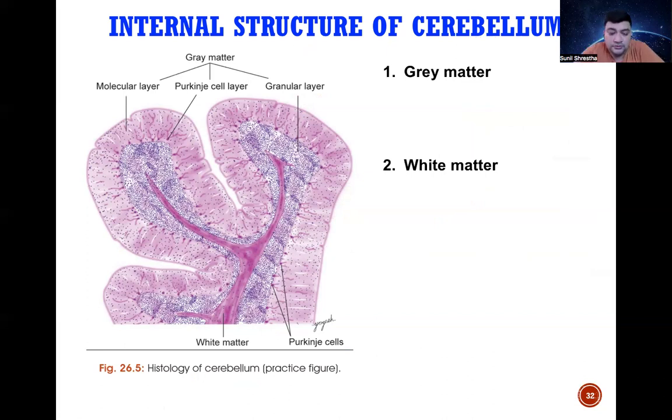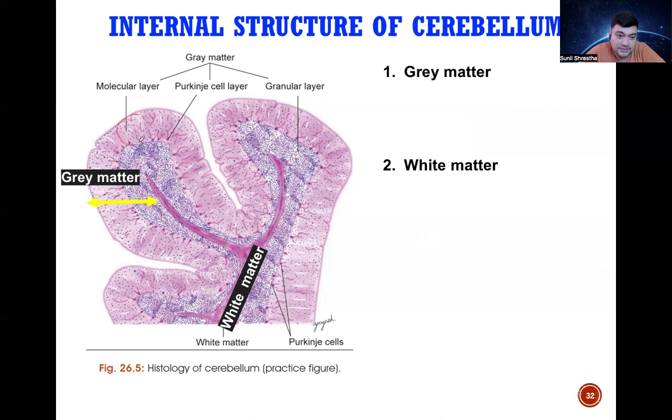In the internal structure of the cerebellum, we know it is made up of outer gray matter and inner white matter. Whatever you see in this structure, this part is the white matter and this part is the gray matter. In the gray matter there are three layers.